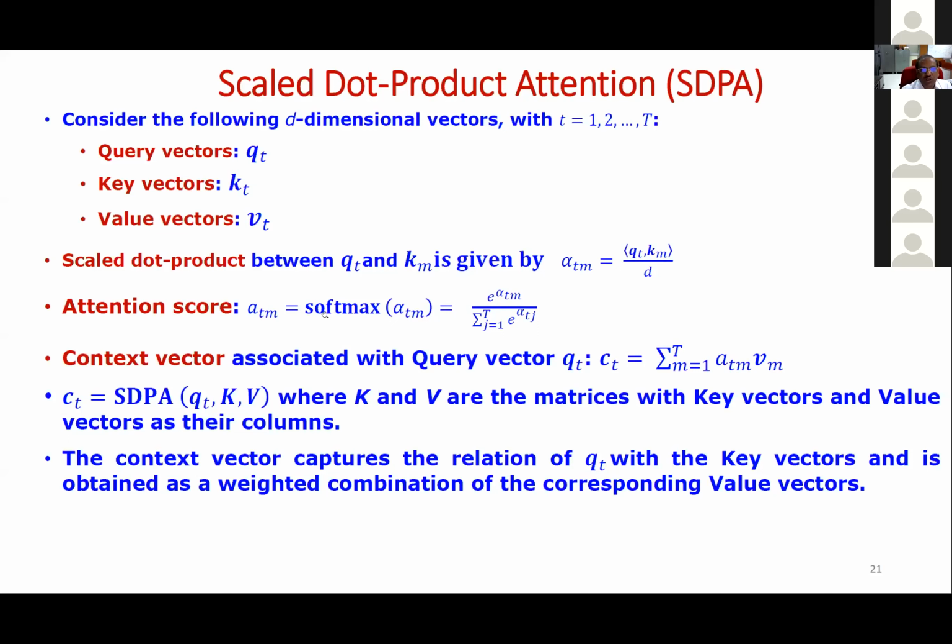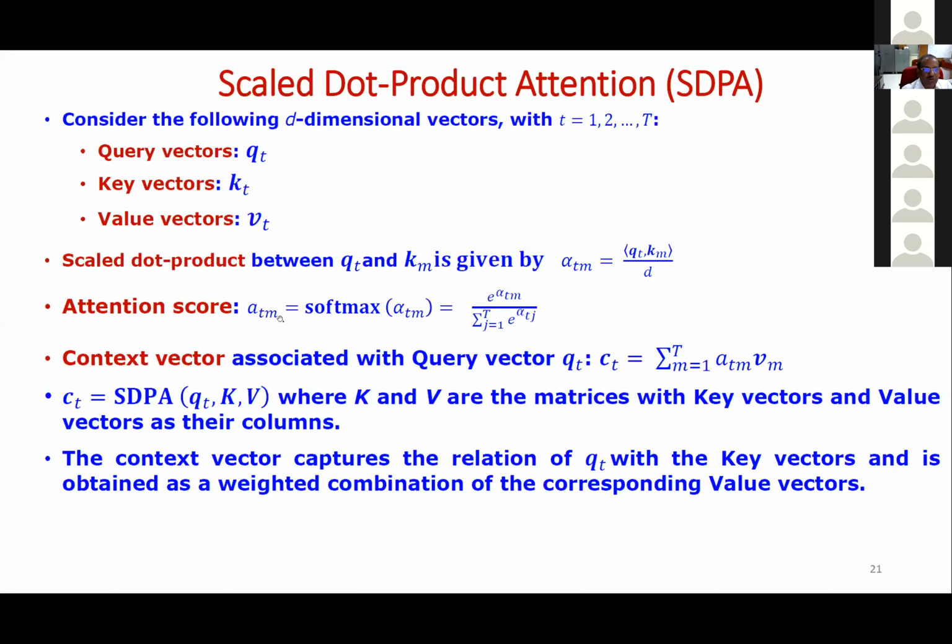As all of you know, the output of the softmax function is in the range 0 to 1, right? So on the scale of 0 to 1, how close is this query vector with respect to the key vector is what we are trying to estimate. And of course, with respect to all the key vectors, if you add up these attention scores, it will be 1. Okay, so basically, we are getting some values of this attention score, which are in the range 0 to 1.